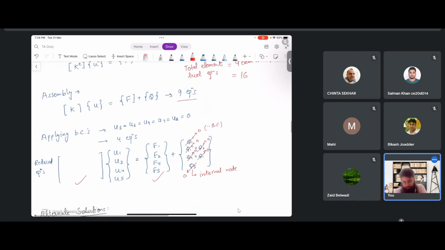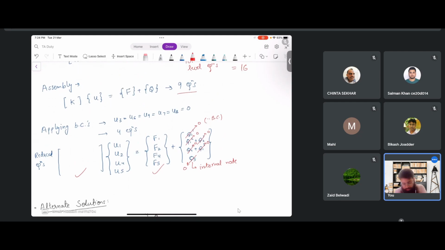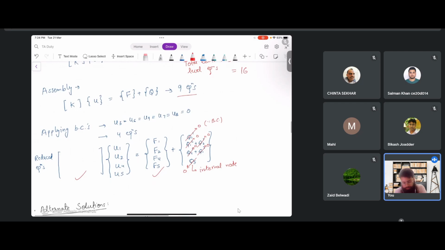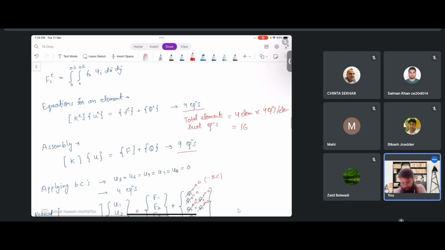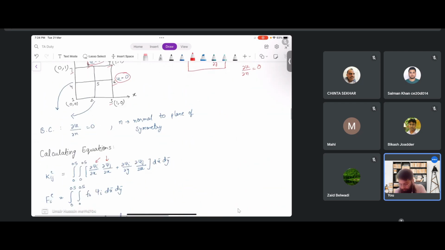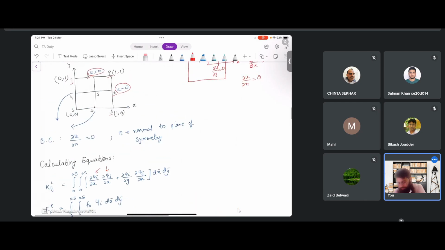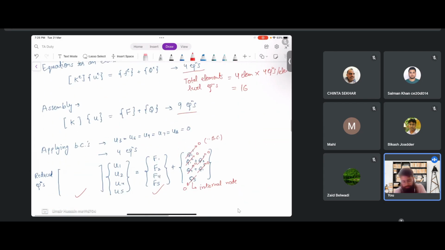Regarding the contribution from element 1, particularly for nodes 4, 1 and 2, we know that there's the zero Neumann boundary condition there, so this term would automatically become zero.